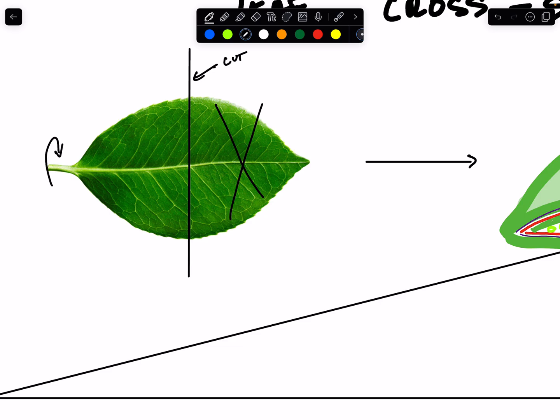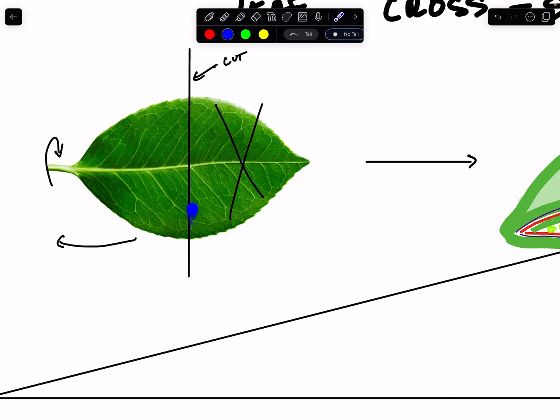Right now it's flat on the page, but I'm going to rotate it. Imagine that this front edge of the leaf was sticking out of the screen at you. So you're going to spin it 90 degrees, and then you're also going to spin it in this direction 90 degrees.